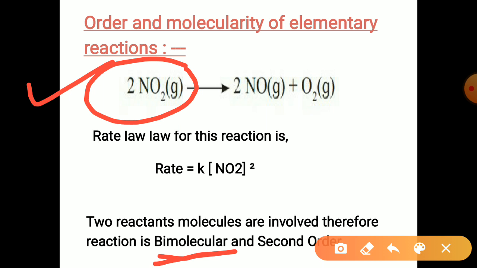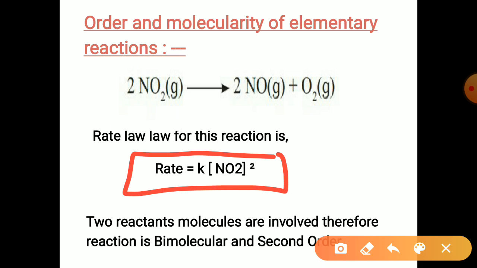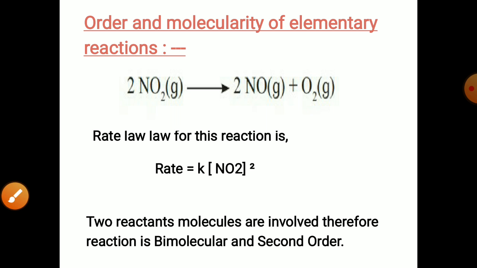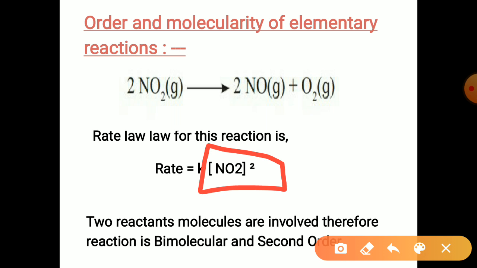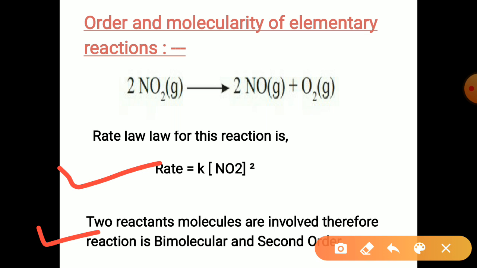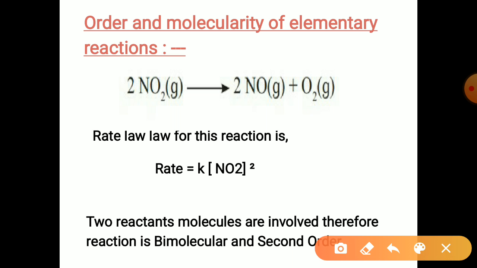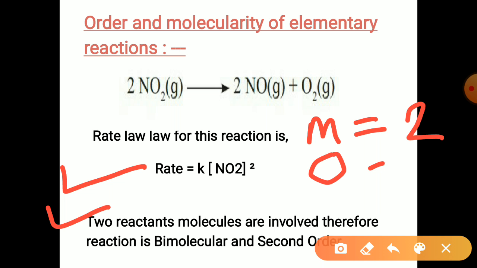As two reactant molecules are involved, the reaction is bimolecular. From the rate law, the order is second order because the power of the concentration term is 2. So molecularity is 2 and order is 2.